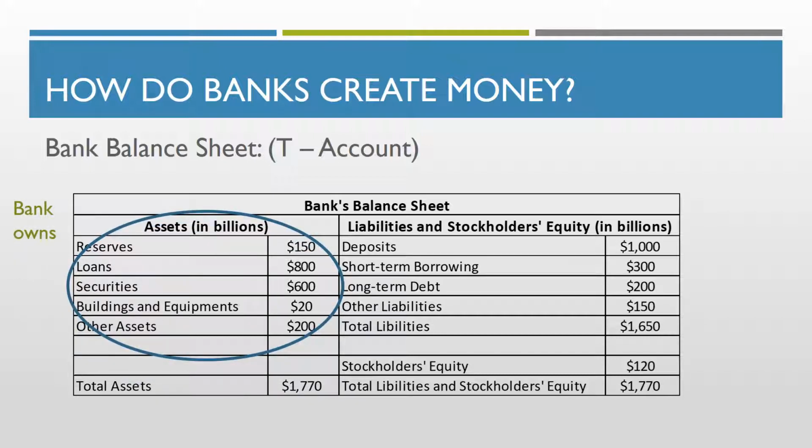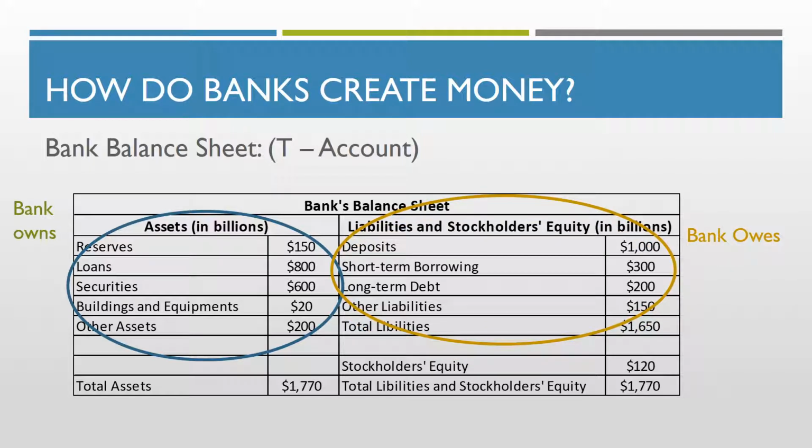On the left-hand side, the assets are basically what the bank owns. They include the bank reserves, the loans that the bank makes, the securities that the bank holds, and the buildings and equipment that the bank bought.